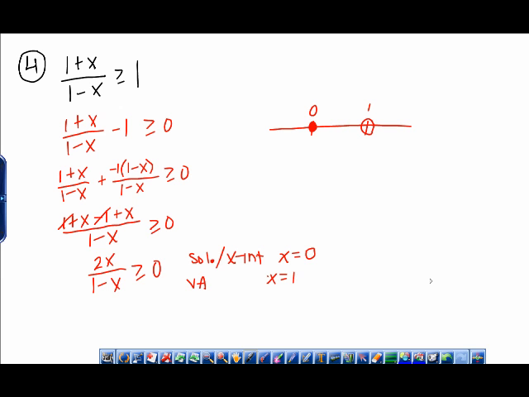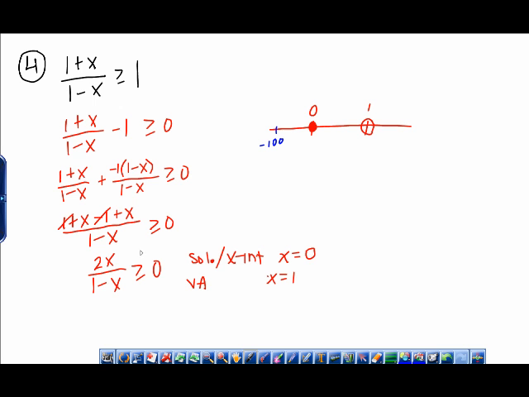Now's the fun part. We need to think, what are the values of x to the left, to the middle, and to the right? You may have heard of an every-other pattern, but that was more of a polynomial rule. With rationals, you really need to test every section. So I'm going to test a number over here, negative 100, because negative 100 is going to be really easy to do that calculation in my head.